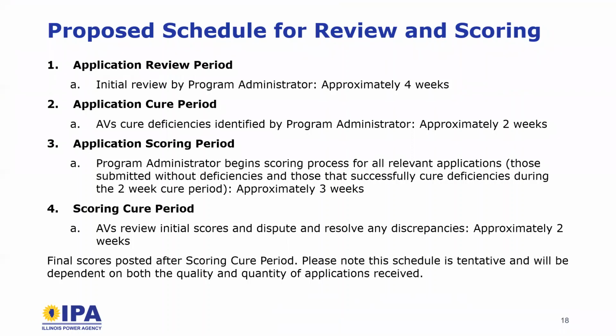So because we have both an application review process and an application scoring process, we do have quite a long process until we get to the end and really know which projects are moving forward here versus which ones are waitlisted. So this whole slide basically answers that question. And again, is tentative and does depend on both the quality and the quantity of applications that are received.